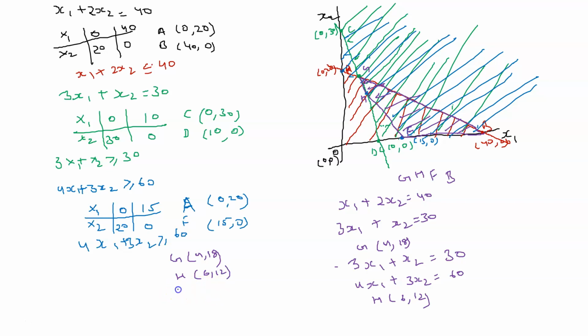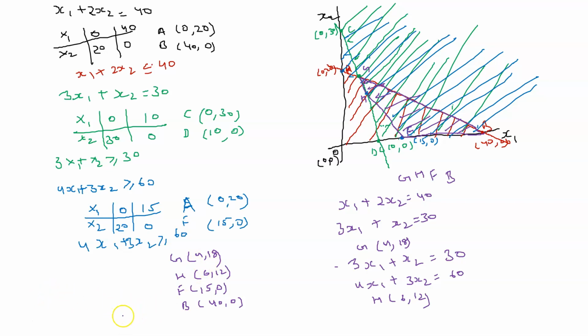Coordinates of F are 15, 0, and the coordinates of the last point B are 40, 0. Now we need to put these values for x1 and x2 in the objective function.